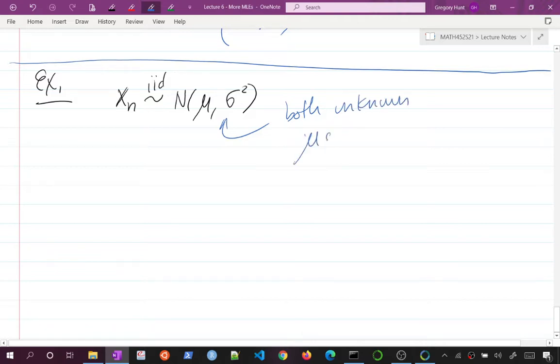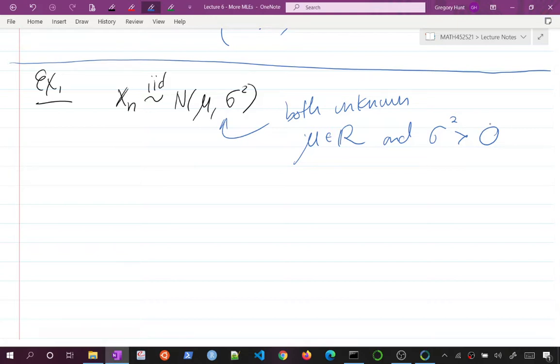We have our mean, which can be any real number, and we have our variance parameter, which better be positive. So we don't really harp on multi-parameter families a lot. The only one we really spend a long time talking about is the normal, because it's relatively straightforward.